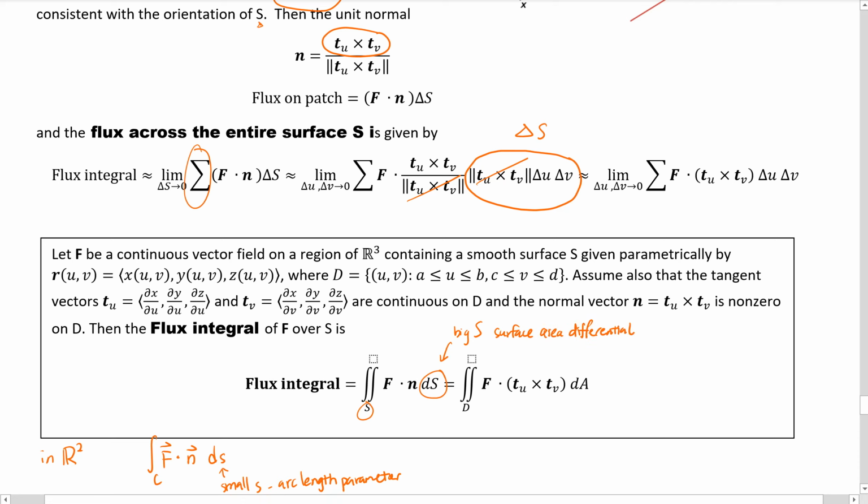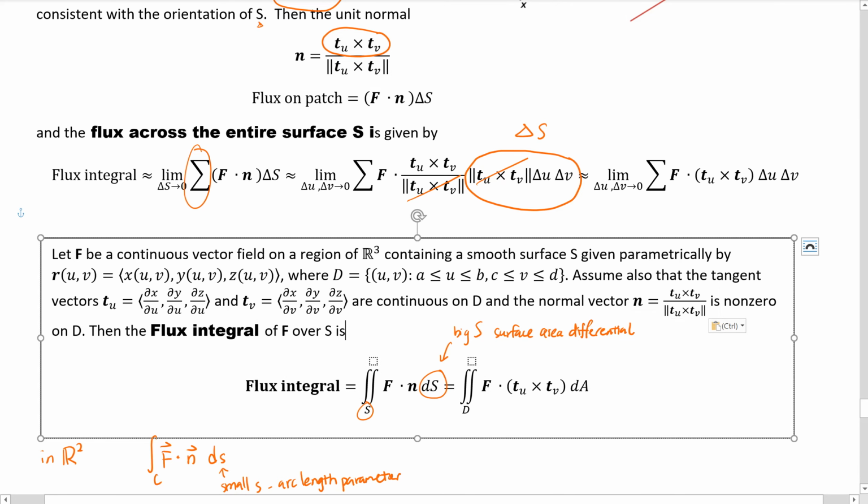Okay, and that equals, oh, I think I have a mistake here. I forgot about the magnitude in the denominator, so let me fix it. So n is the unit normal vector in this case.